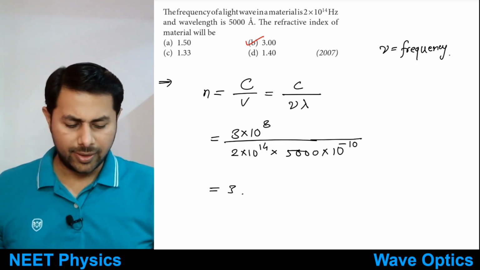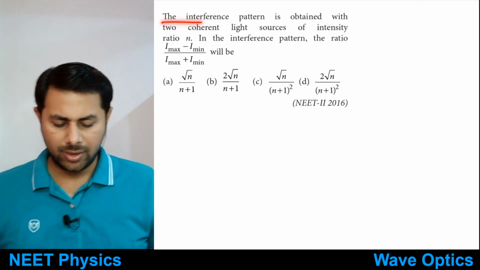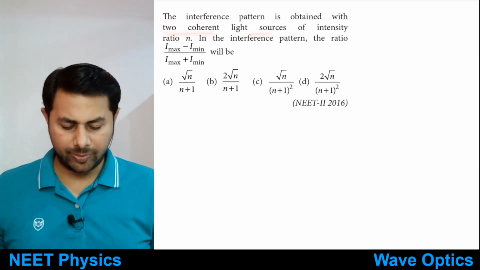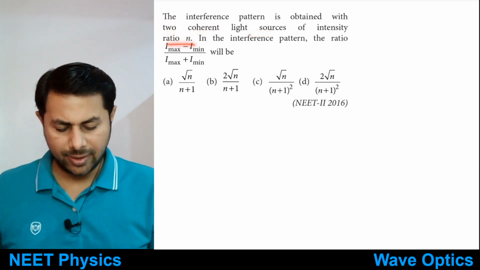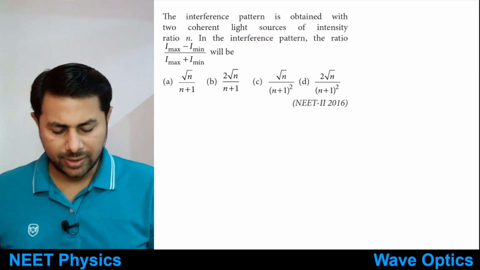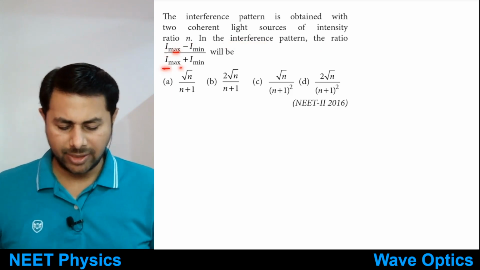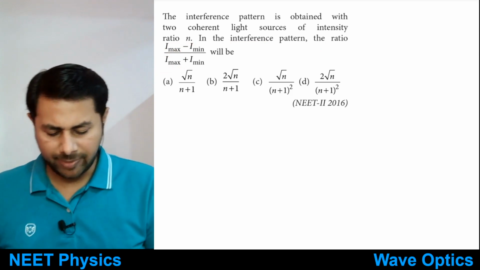Okay, let's see next one. The interference pattern is obtained with two coherent light sources of intensity ratio n. In the interference pattern, the ratio of Imax minus Imin divided by Imax plus Imin will be. So let's find it out.